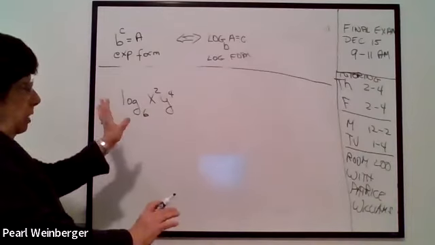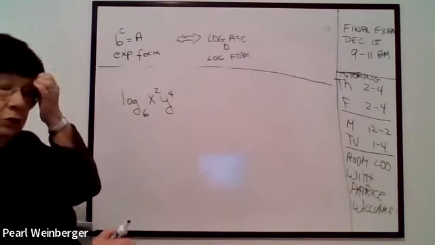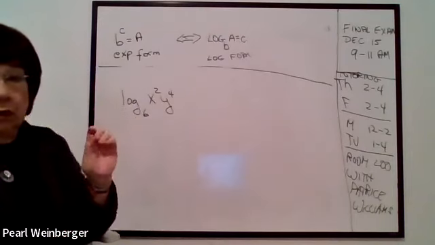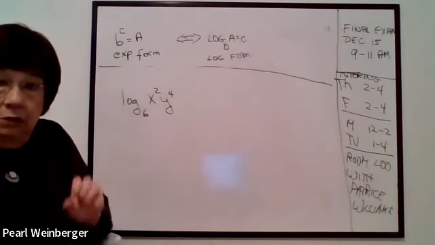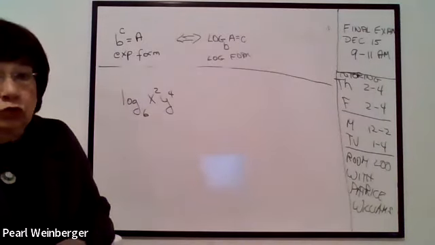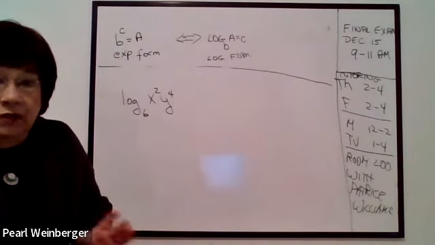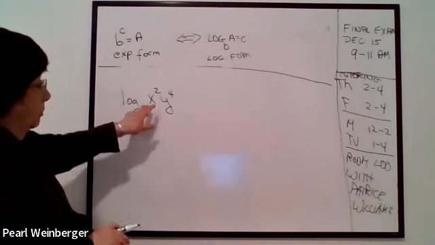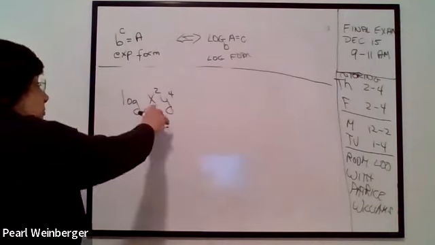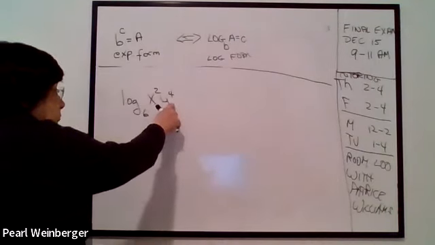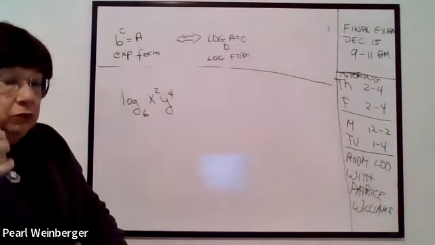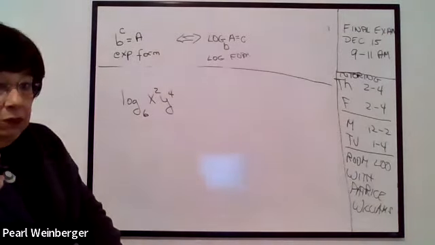So remember, I'm going to use the properties that I just talked about. The first thing I'm always going to look for when I want to expand something into individual logs is if there's any multiplication or division involved in the expression. And of course, there's no division, but there is a multiplication. We're multiplying x squared times y to the 4th. But when we're multiplying the numbers, what do we do to the exponents? We add them.